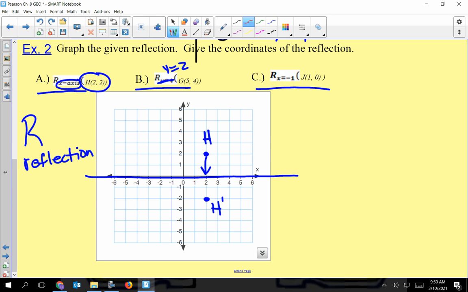I changed this again. Capital R once again is reflection, but I said y equals 2. Now this is where you have to be smart and understand what graphs do. Y equals 2. Well, y equals 2 right here, but it needs to be a line. Well, where's the line? Okay.